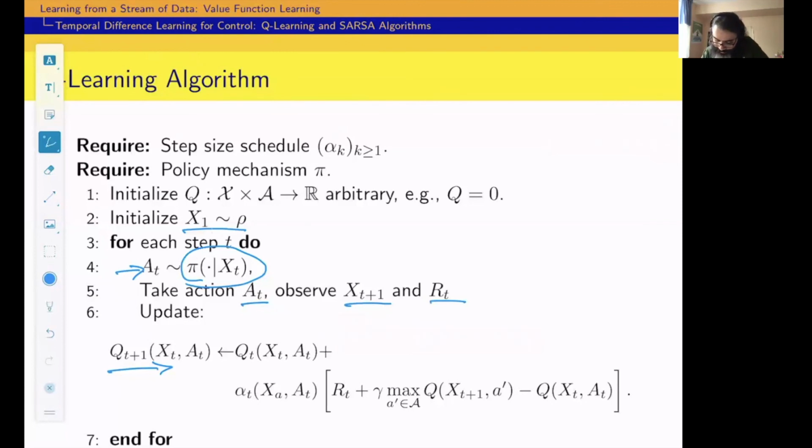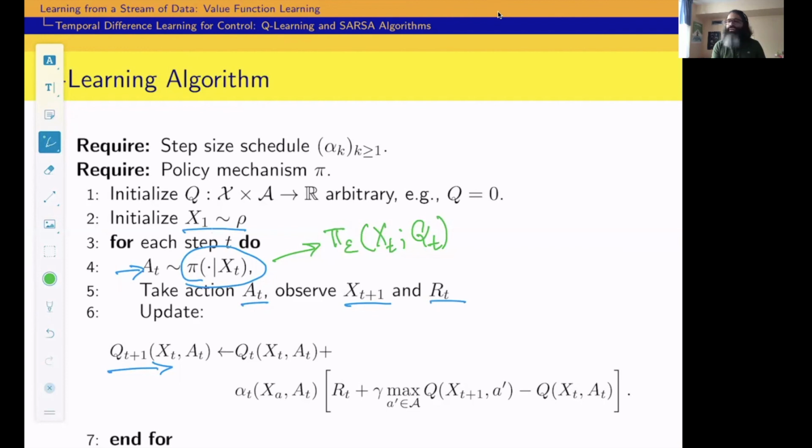So in practice, we choose actions this way, which adds some exploration. But this is not a part of the Q-learning algorithm.